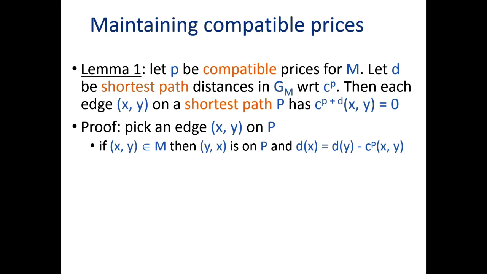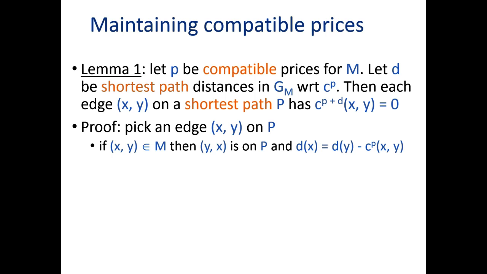Because it's on the shortest path, we know that it's the cheapest way to get to X. Therefore, the cost of getting to X is the cost of getting to Y plus the cost of getting from Y to X, which is minus CPXY. Exactly because this edge YX is the cheapest way of getting from Y to X.